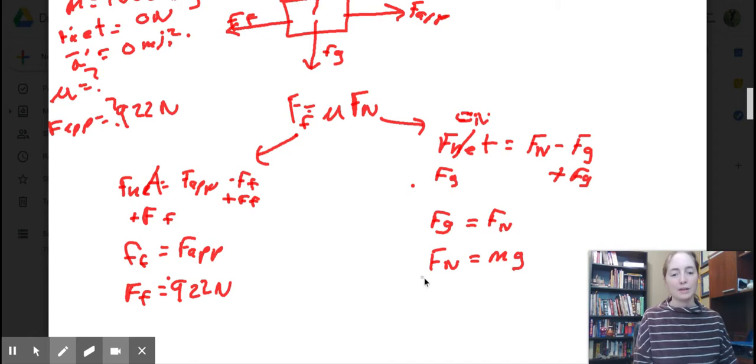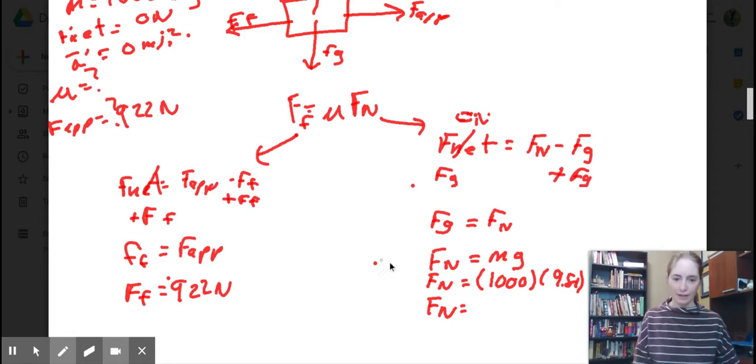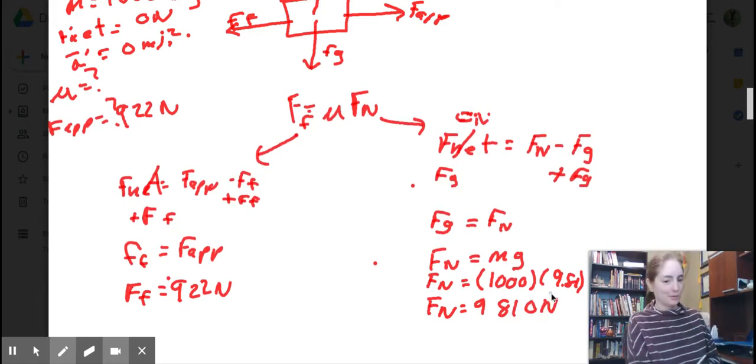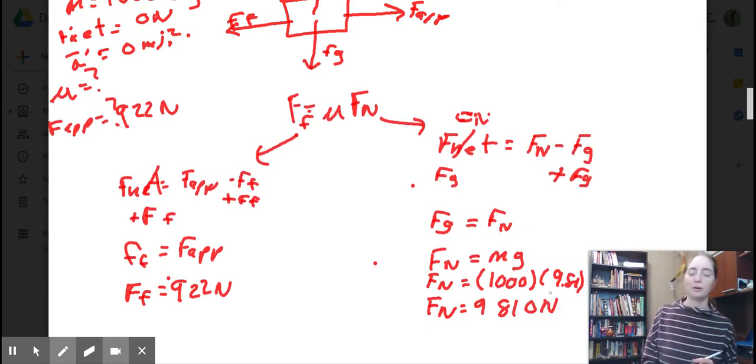Okay, so I can get my normal force by multiplying that mass of 1,000 kilograms times 9.81. Once you do that, you are going to wind up with your lovely value, 9,810 newtons, okay, is our normal force.